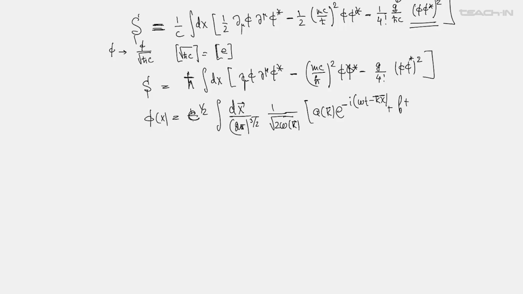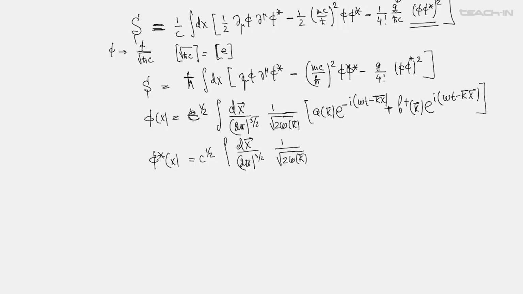And I will comment on this. And phi star is very similar. So the fields are time dependent: b of k with exponential minus i omega t minus kx, plus a dagger of k with exponential i omega t minus kx.